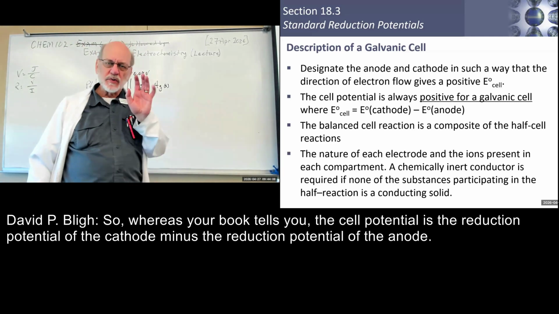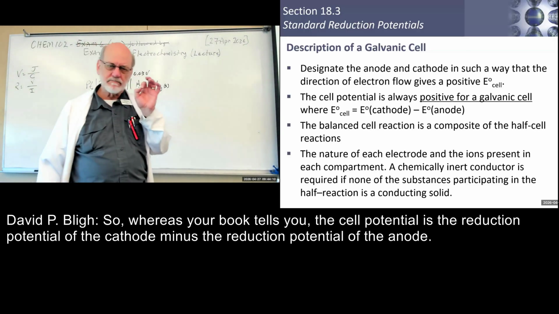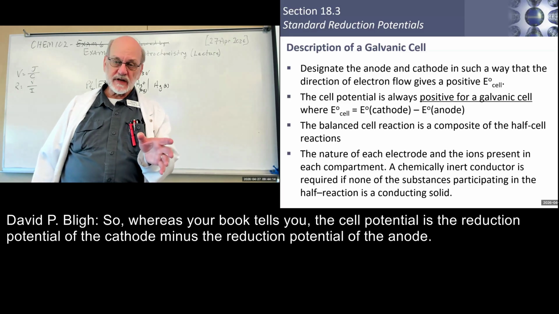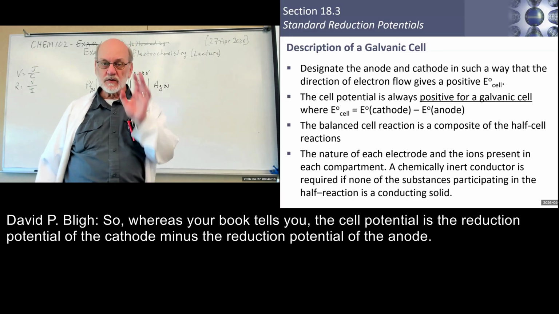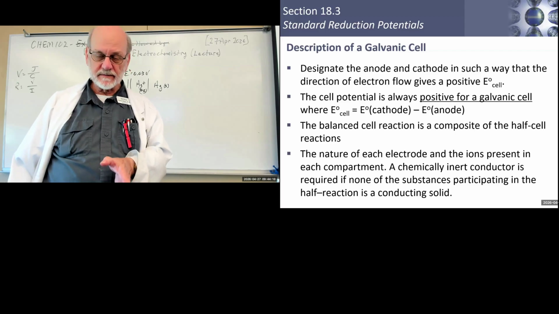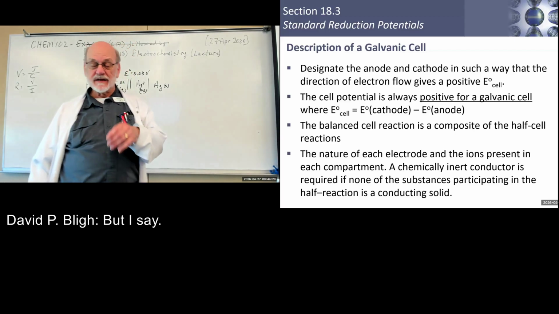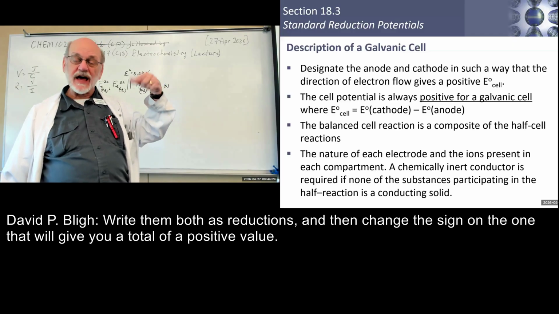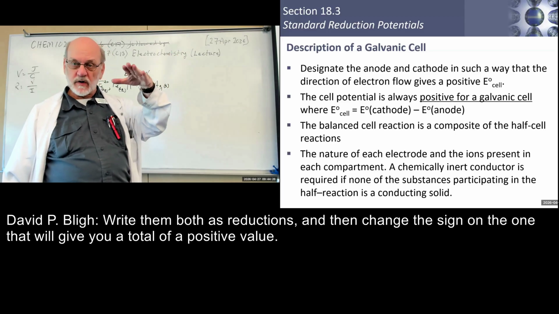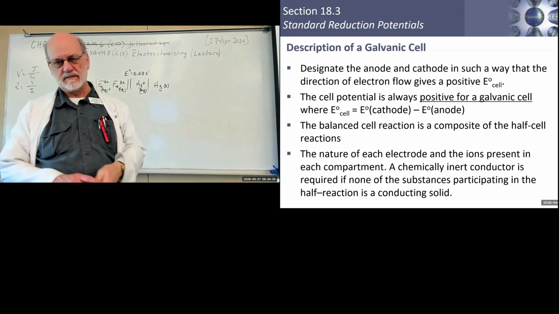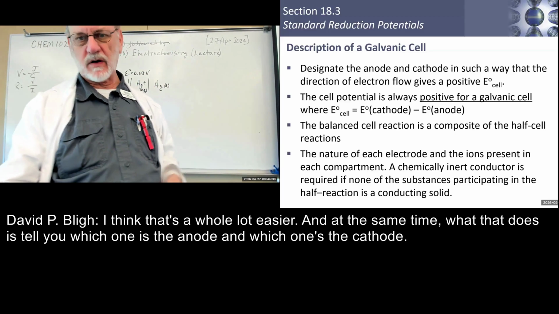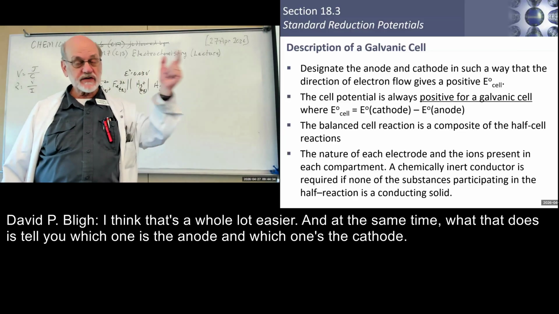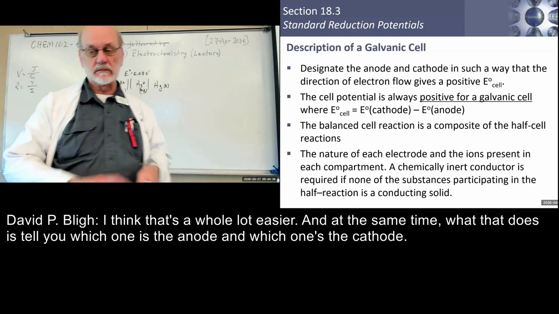So whereas your book tells you the cell potential is the reduction potential of the cathode minus the reduction potential of the anode, I say, write them both as reductions and then change the sign on the one that will give you a total of a positive value. I think that's a whole lot easier. And at the same time, what that does is tell you which one is the anode and which one's the cathode.